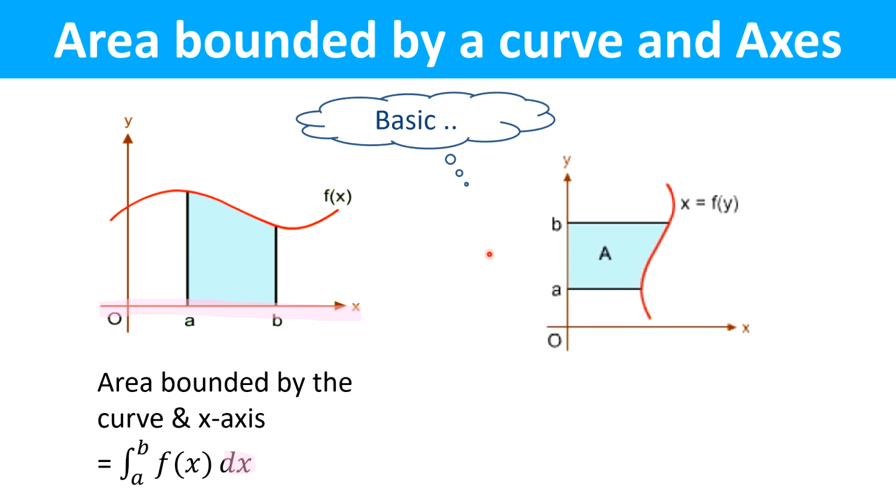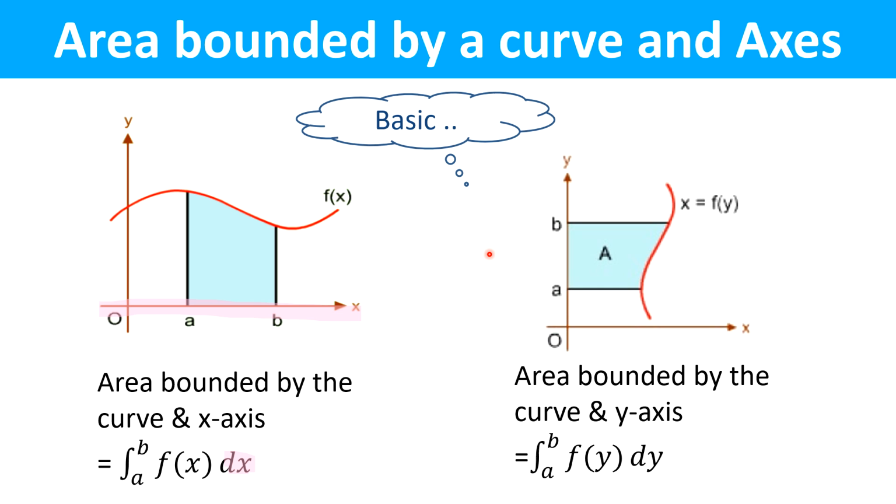Now let's take a look at the diagram on the right. In this case, the area bounded by the curve and the y-axis is given by this definite integral. Similarly, since it is bounded by the y-axis, when we integrate, we will have to integrate with respect to y.